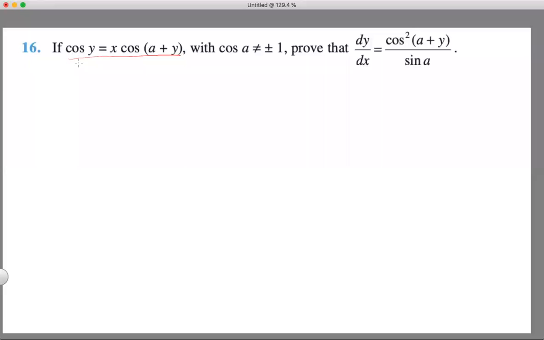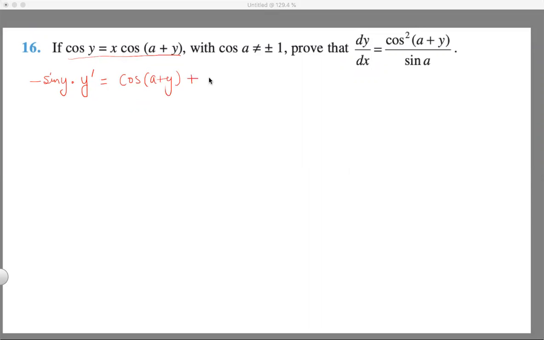So what is the differential of the left-hand side? The differential of cos y is minus sin y, right? And we have to multiply using the chain rule to get the differential of y. Now, the same thing we have to do on the right hand side, but we will use the multiplication rule here first. First we will differentiate x, which is 1, and then we will write this as it is.